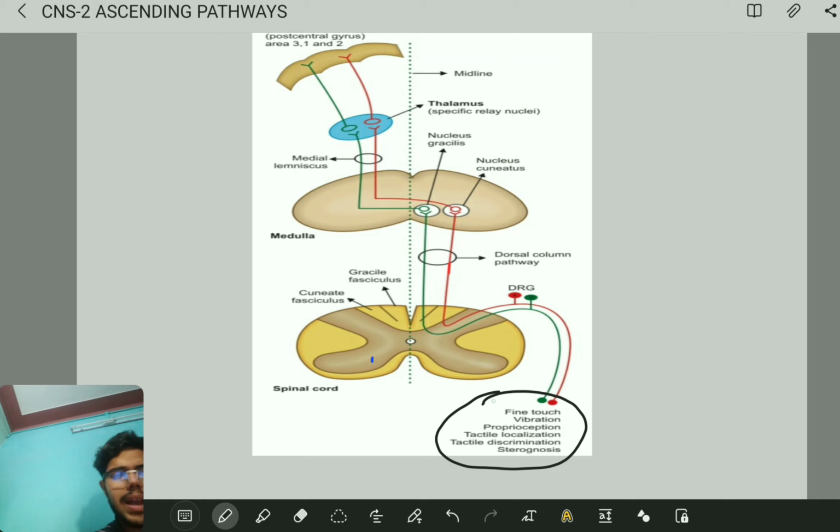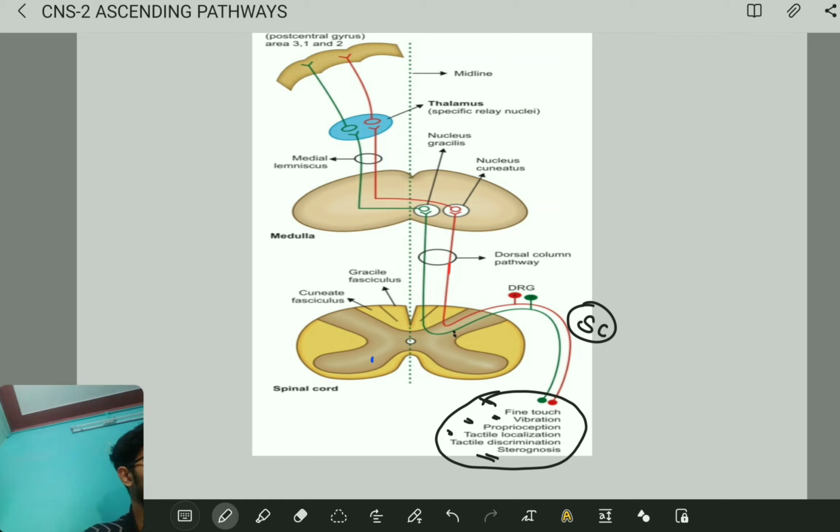What are those? Fine touch, vibration, proprioception, tactile localization, tactile discrimination, and also stereognosis. These all are your receptors, and from the receptors it is moving to the spinal cord. This is your dorsal column pathway, right?